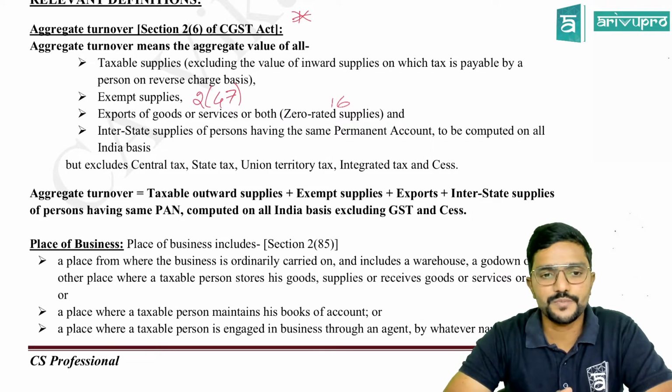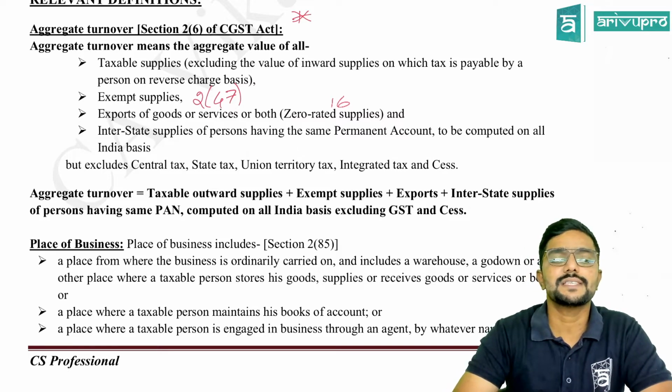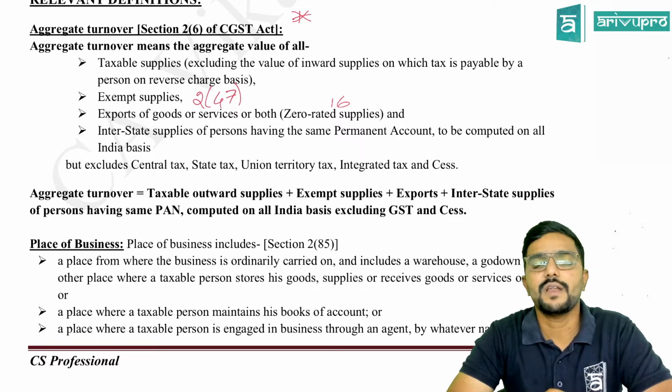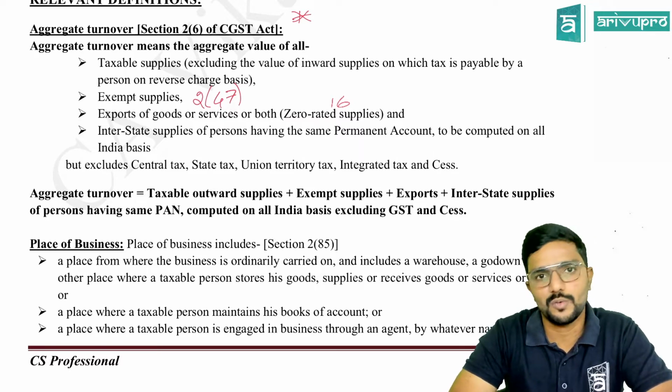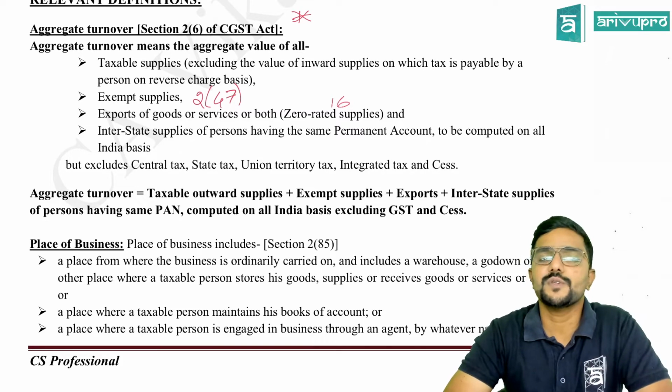But aggregate turnover does not include central tax, state tax, union territory tax, integrated tax and cess. In simple terms, whatever tax is levied under GST, including the compensation cess, will not be included in the aggregate turnover, guys. Clear? The same definition we have also learned in the composition scheme chapter.